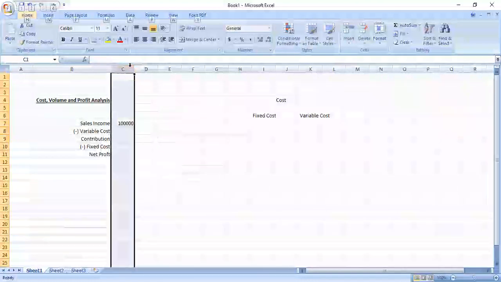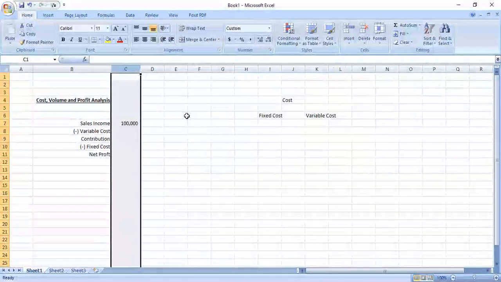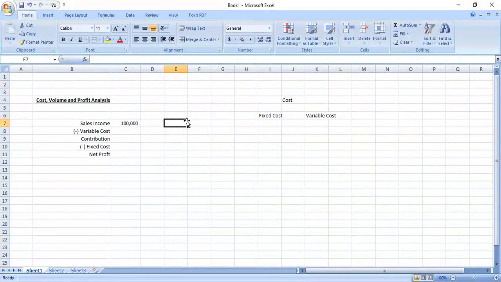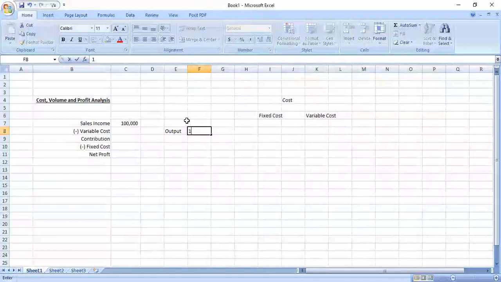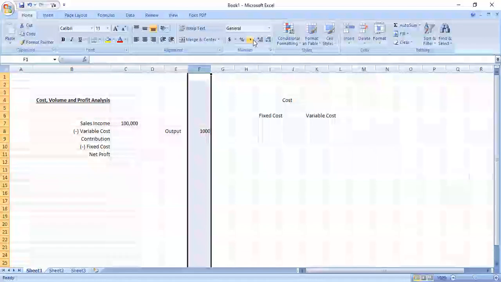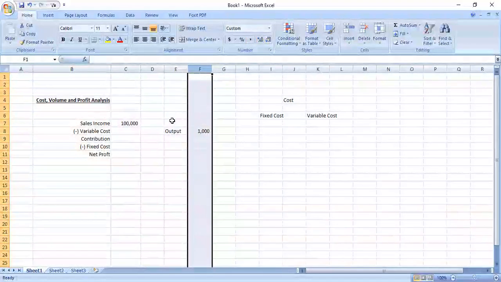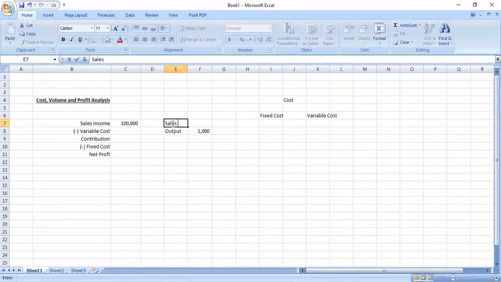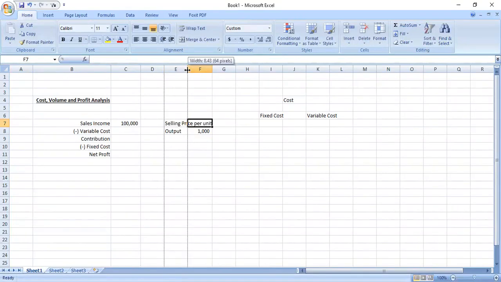Okay, you produce how many units? Let's say your output is 1,000 units during the year. And your selling price per unit is what? 100, yeah, 100.